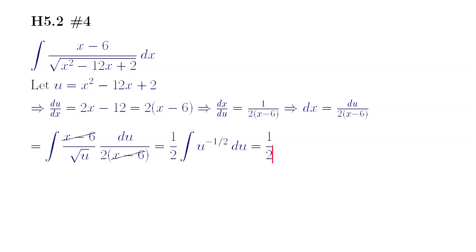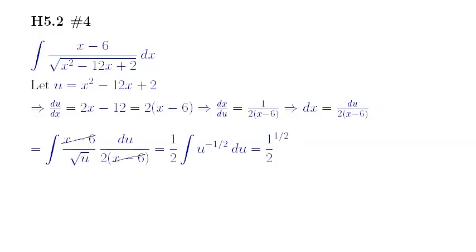The antiderivative of u to the negative 1/2 power is u to the, we add 1 to the power, so positive 1/2. Then dividing by 1/2 is equivalent to multiplying by 2.